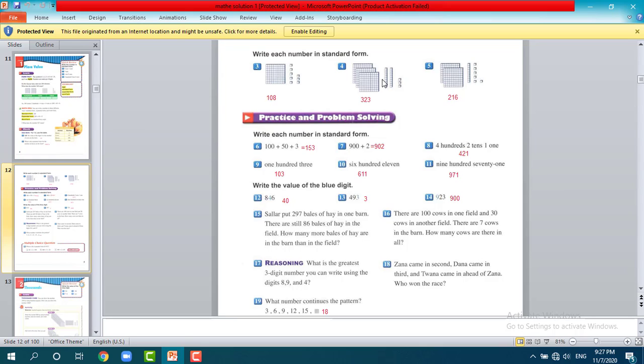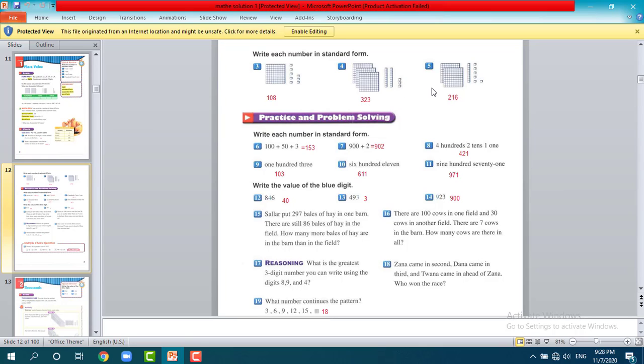Then we have to write 2 in tens. After that, as you can see, we have 1, 2, 3 cups. Then we have to write 3 in ones. Now students, we wrote 323.